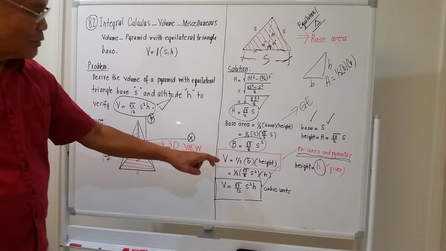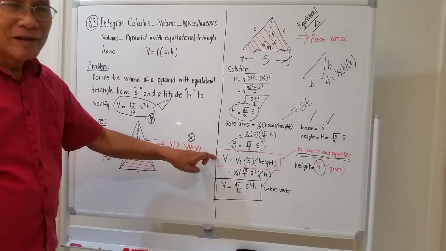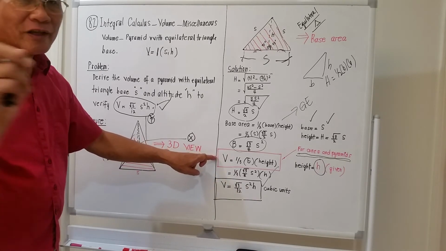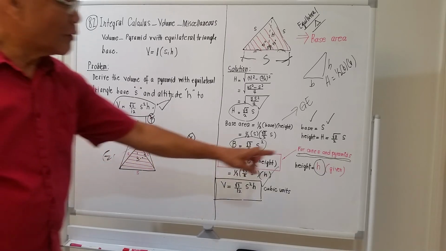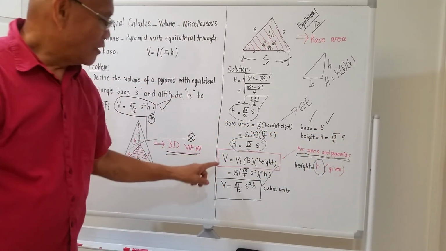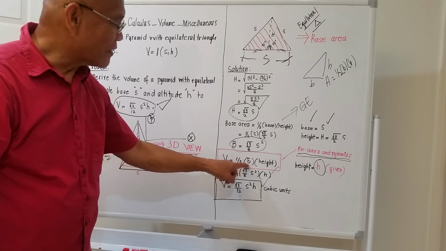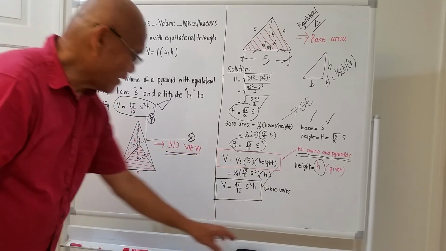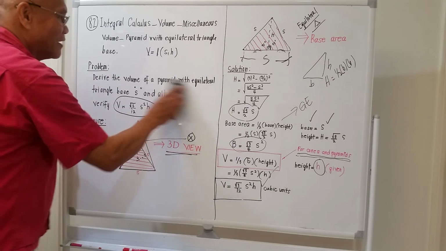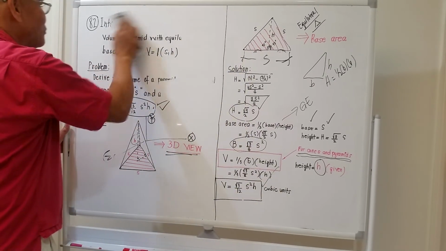But we introduced this one. Where did I get this one? It has been proven in integral calculus, but for cones and pyramids, if you try to take the volume, it should be 1/3 the base area times height. Okay, I will try to give an example. Actually, we've been through this one.